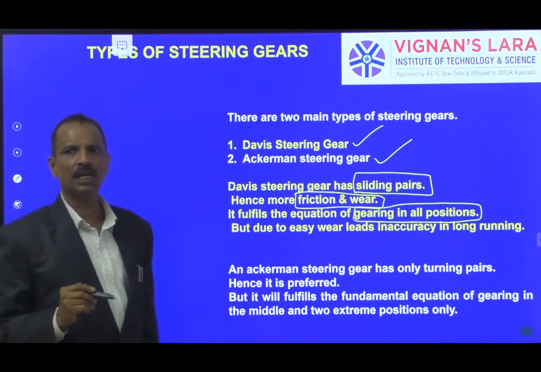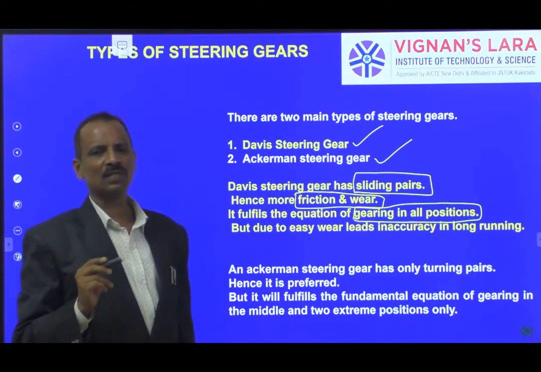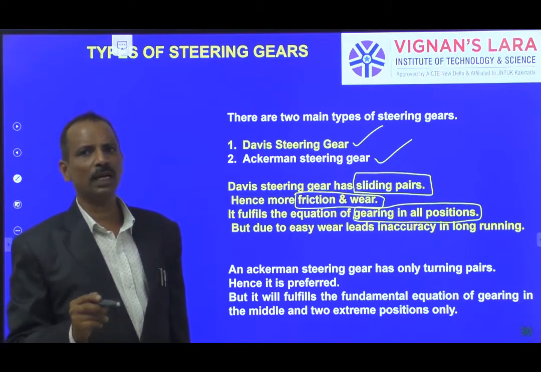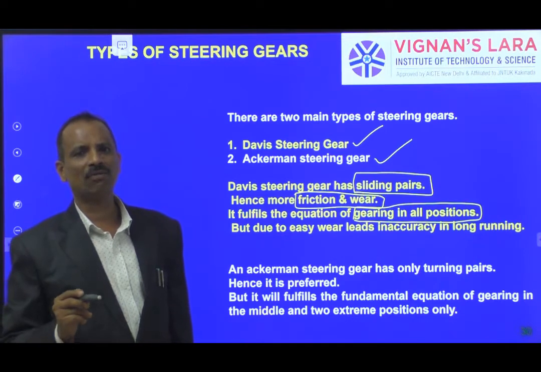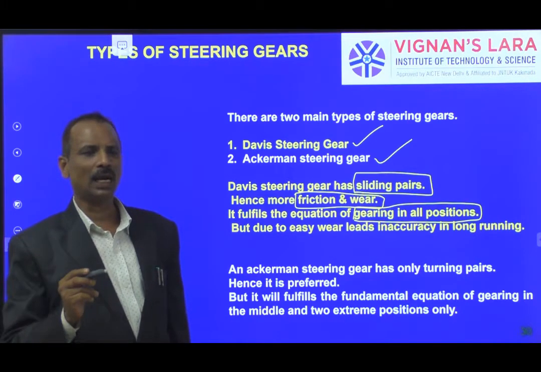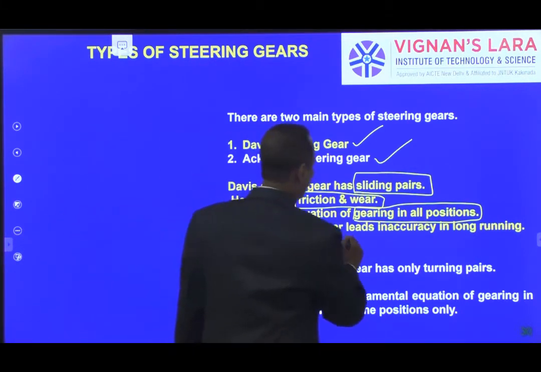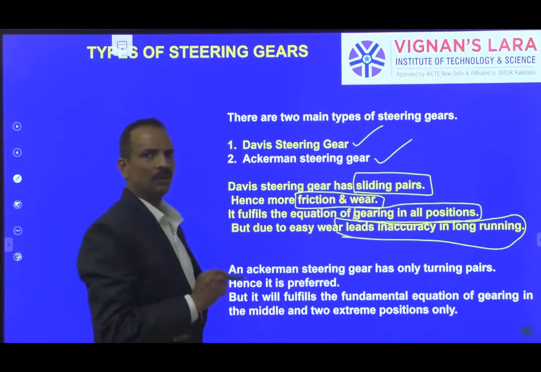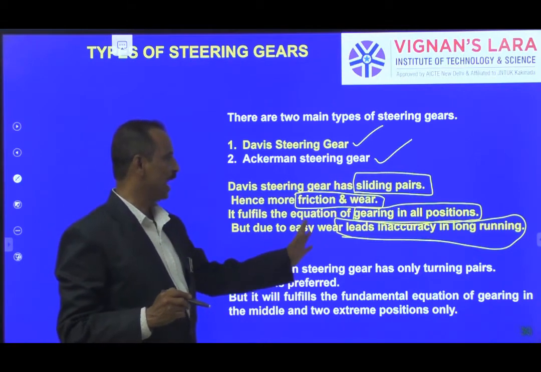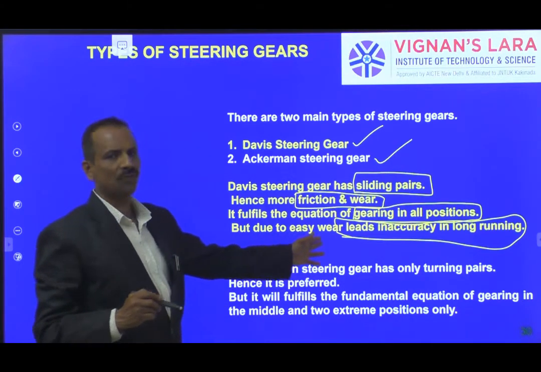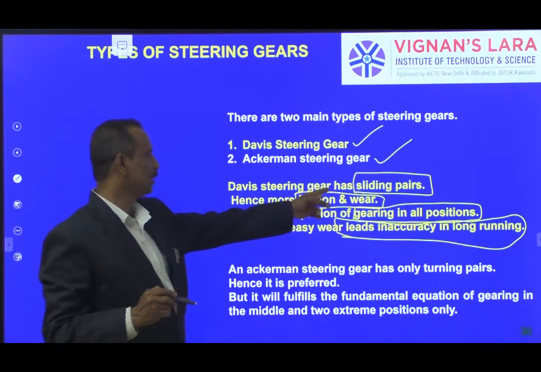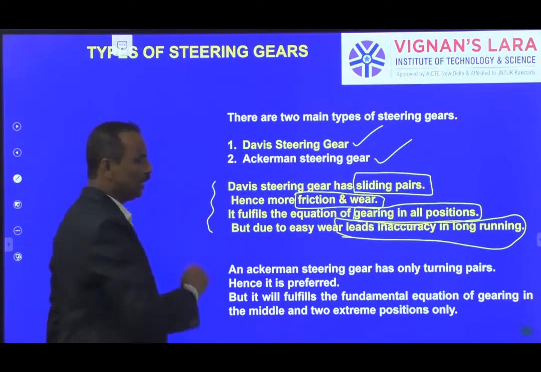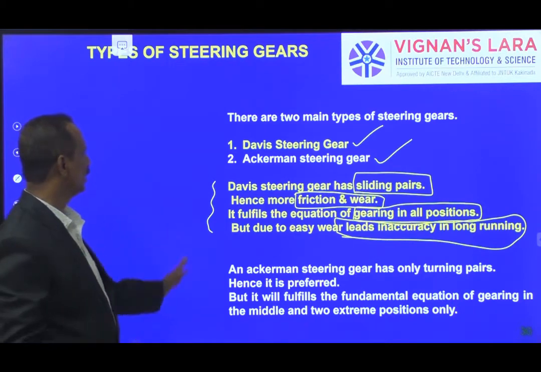Because of sliding pairs, in due course of usage there will be wear and tear, so you don't get perfect accuracy in the long run of the equipment. Inaccuracy will happen because of wear and tear due to the sliding pair. That is the limitation and advantage of the Davis steering gear.